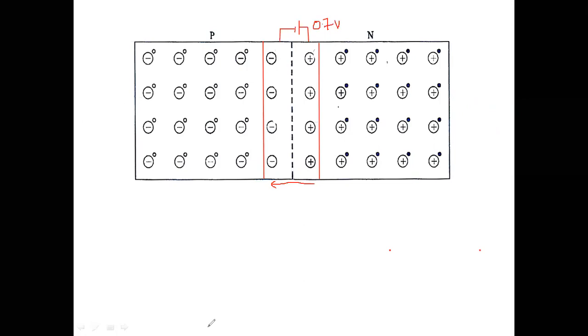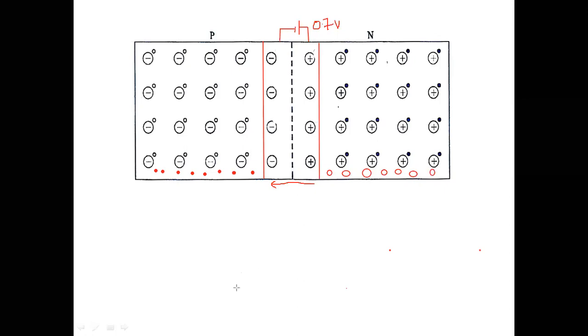And now what I'm doing here: I have electrons here, which are minority charge carriers in p type, and in n type, holes are minority charge carriers.